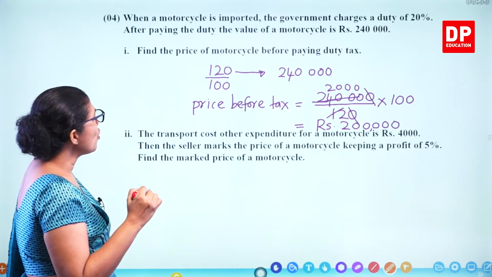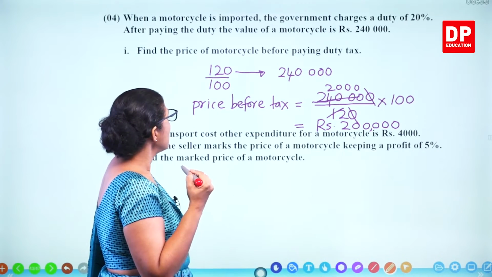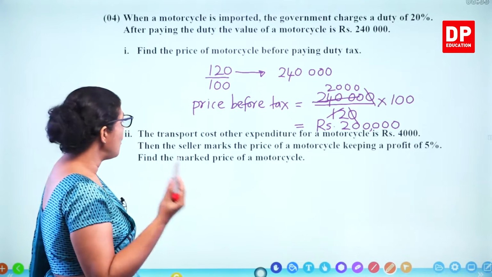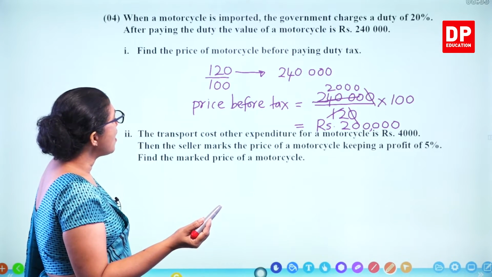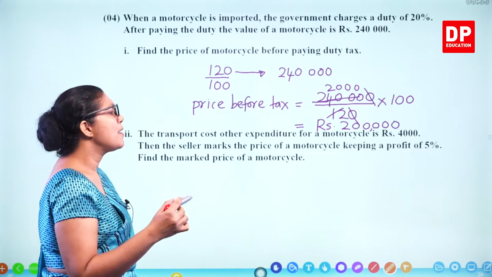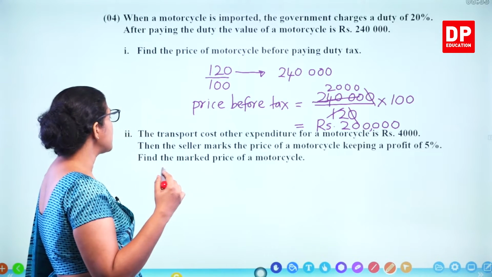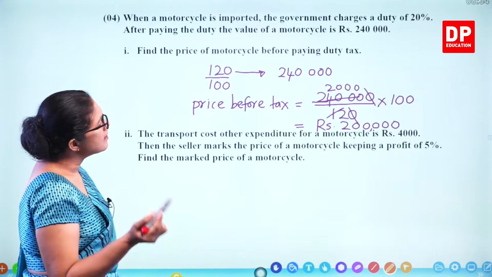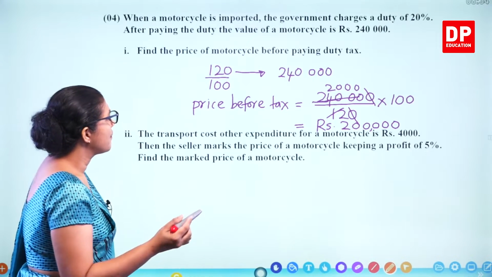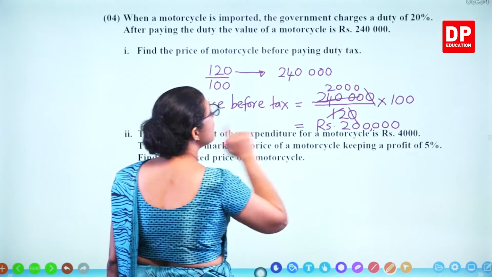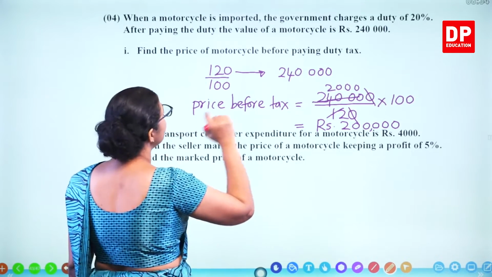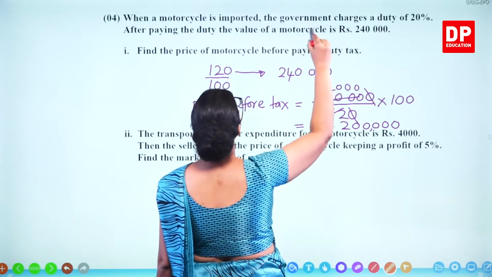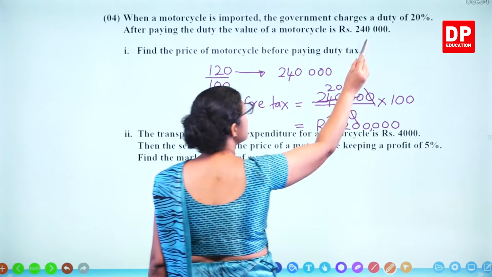The transport cost and other expenditure for the motorcycle is 4,000. You have to pay 4,000. Then the seller marks the price of the motorcycle keeping a profit of 5%. Find the marked price of the motorcycle. So what's the total cost? This 200,000 and 4,000. The previous value, after paying the government tax, is this value.